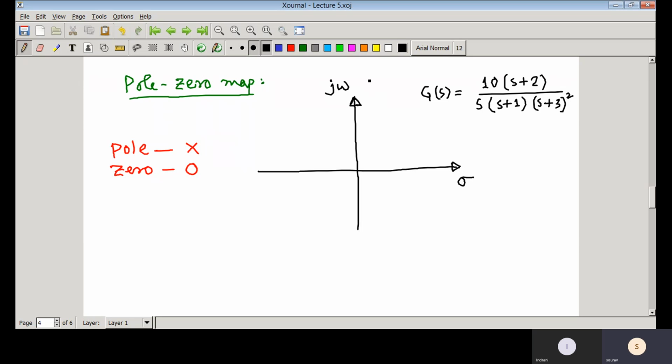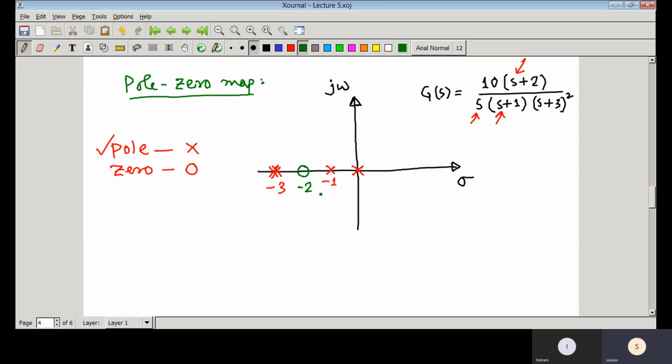Now we have a pole here at s equal to 0, and the symbol of that pole is a cross. Another pole is at minus 1, and the other two poles are at minus 3, so two poles are there. Then you can see there is a zero here at minus 2.